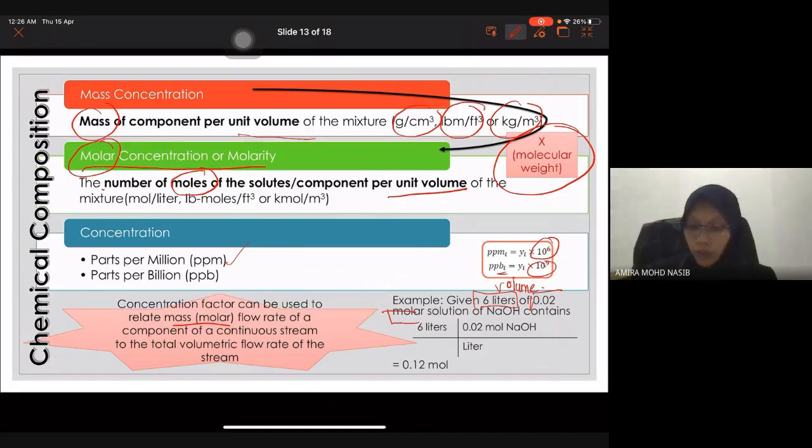So we know that they give the volume and also they give the molarity. Okay, this is their molarity. So then you multiply, then you get the moles. Okay, this is molarity. Okay, next.